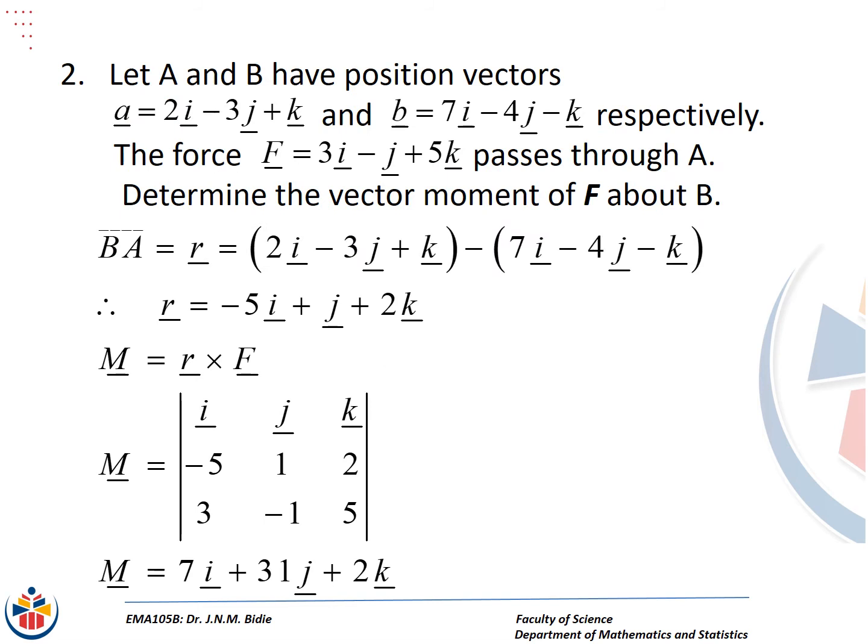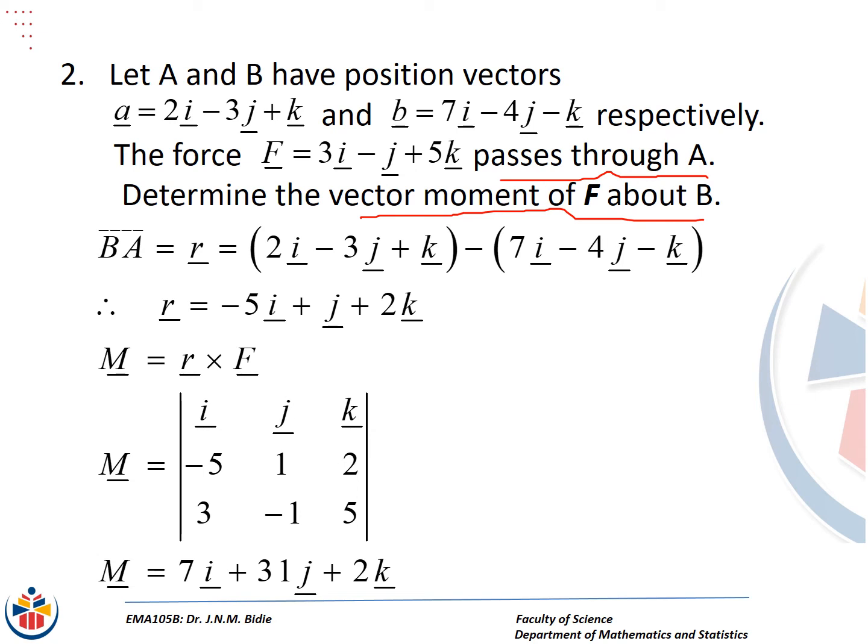Number 2, now we've been given 2 position vectors, A and B, and F is passing through point A in its line of action, and we are asked to find the moment of F about point B. That means, remember, we had said the moment of F is always sought about the original point.